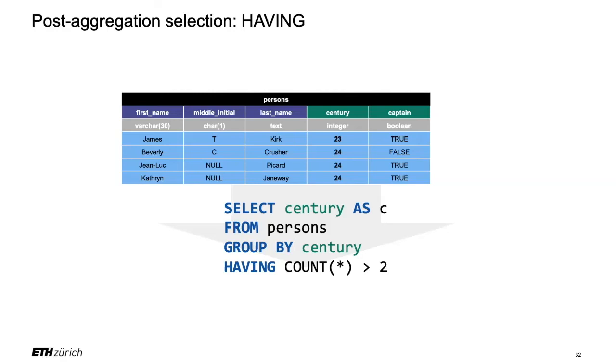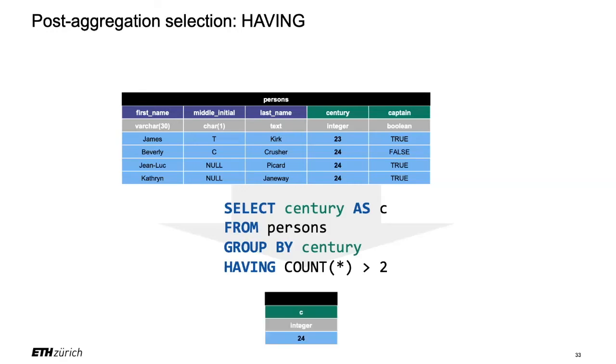By the way, you see the design of the language, the choice of the names of the clauses, because it sounds like English. If you read that out loud, you select the centuries from the persons, grouping by the centuries, having a count that is greater than 2. So the intent is that it's a natural sounding language in English. Who finds that intuitive? It is intuitive, right?